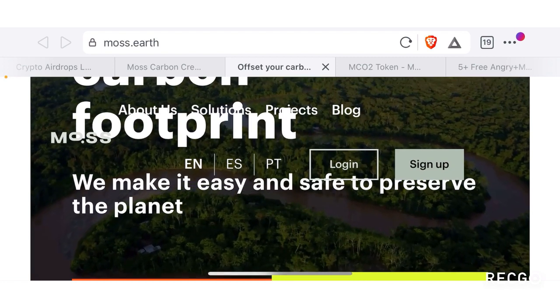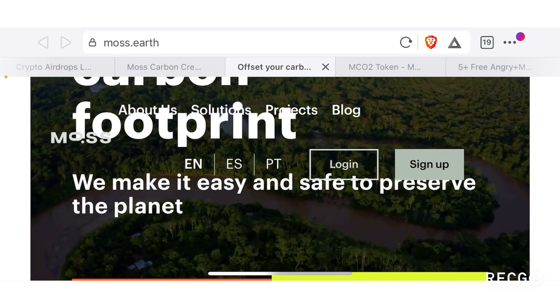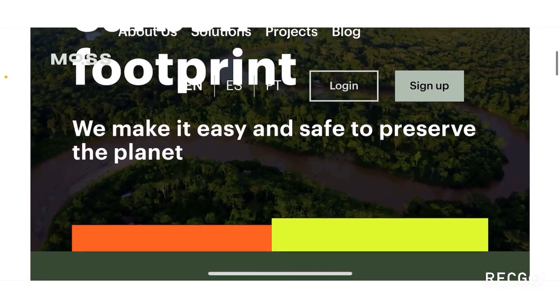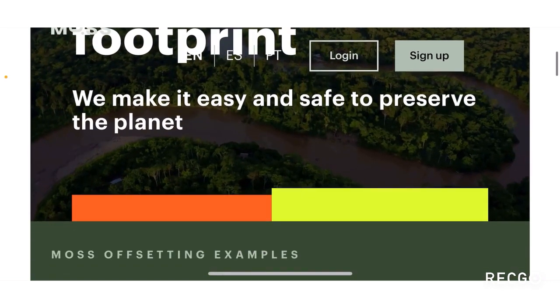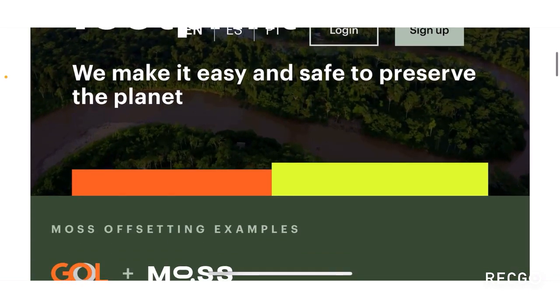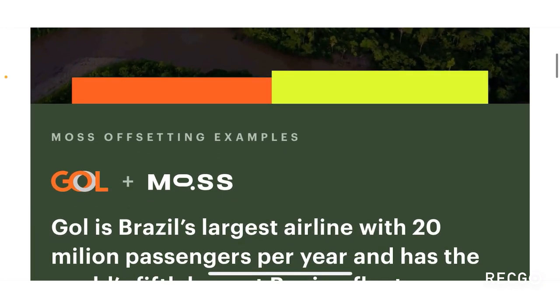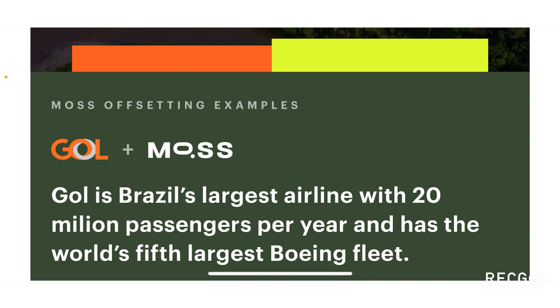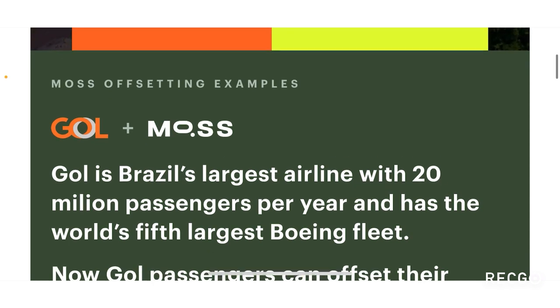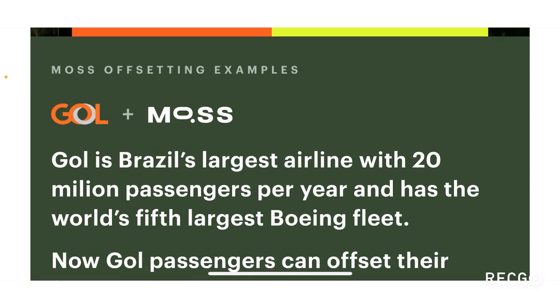Since it's on a mobile phone, there is some distortion of their website, but you can see they have a pretty cool website. We make it easy and safe to preserve the planet. So that's basically their main goal. Moss offsetting examples, GOL plus Moss. GOL is Brazil's largest airline with 20 million passengers per year and has the world's 5th largest Boeing fleet.